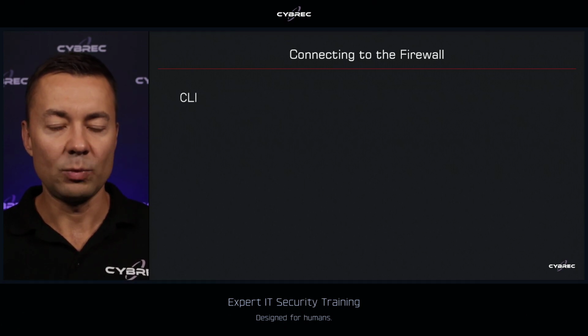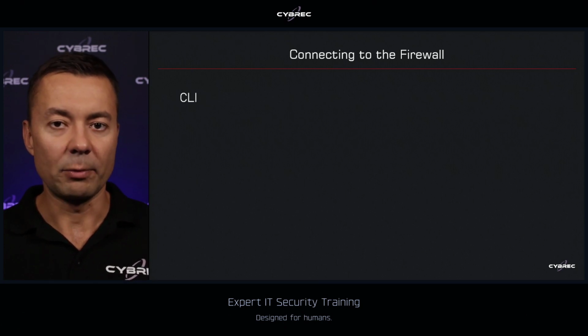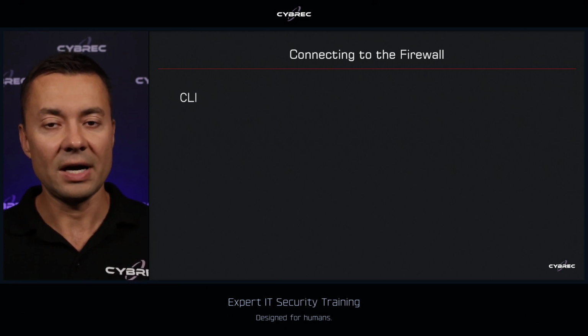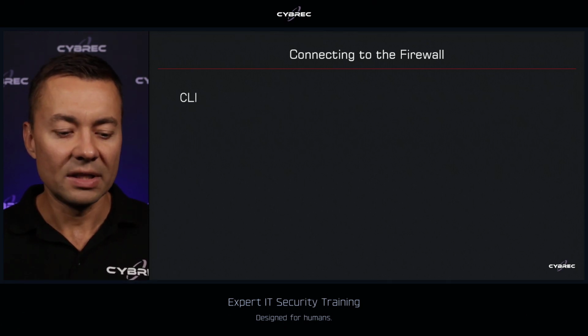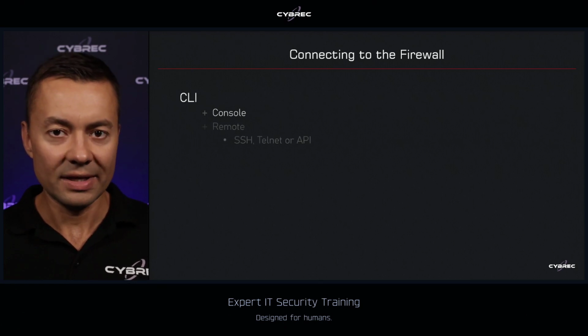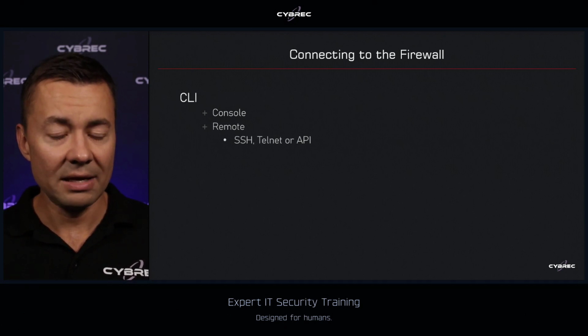So one of the first things that we will do when we take a firewall out of the box or when we install a virtual firewall is specify an IP address for administration. This IP address is something that we will then use for connectivity with SSH, maybe Telnet, or even API.